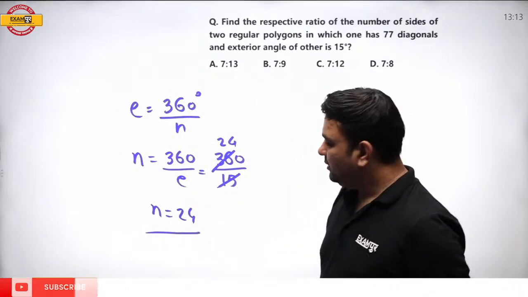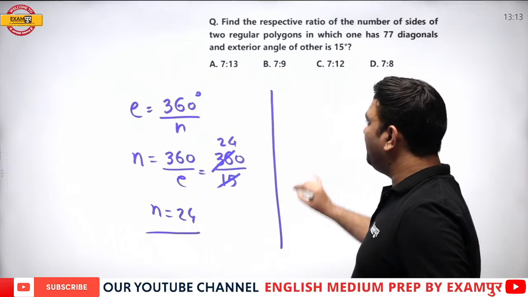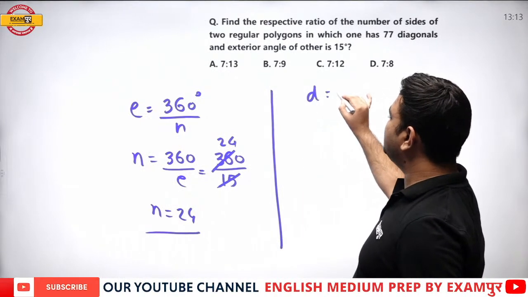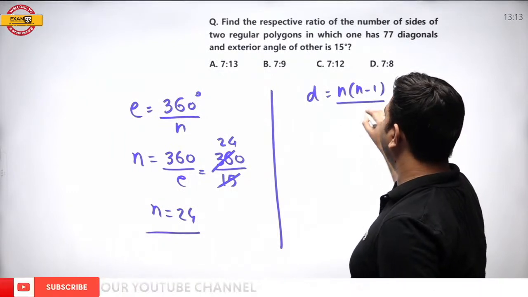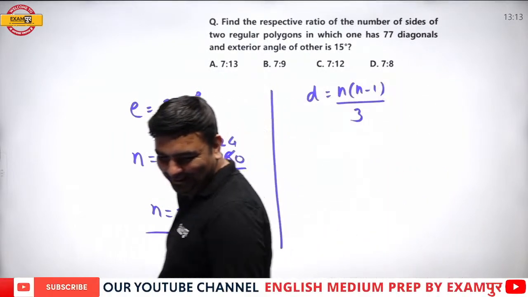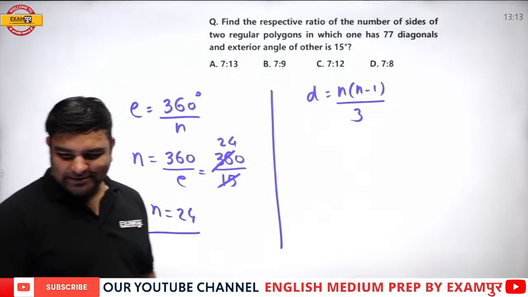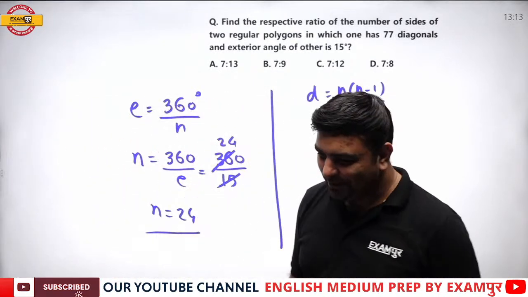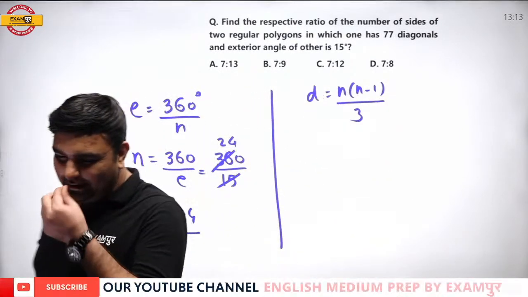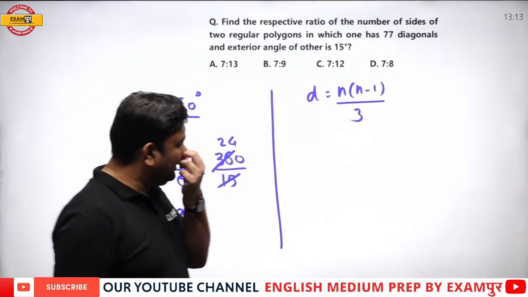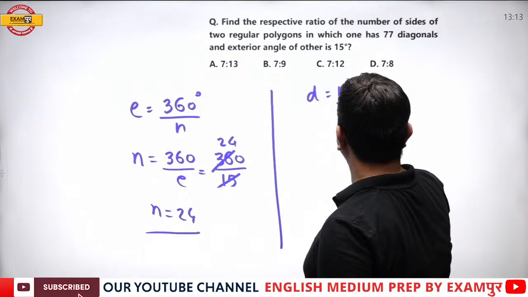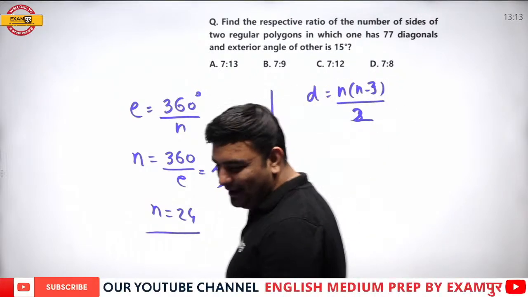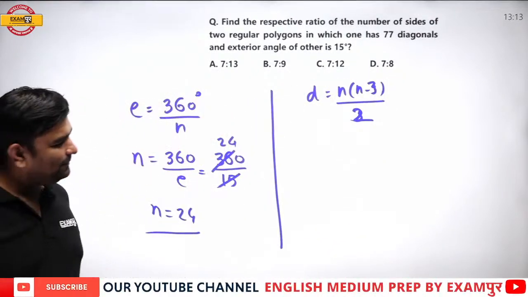Now, there is a formula for the number of diagonals. Number of diagonals is n into n minus 1 divided by 3. I'm just missing it a bit, let me cross check it. N into n minus 3 divided by 2.